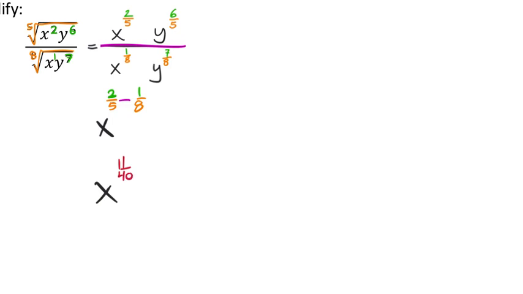We should get the same denominator with the y's. Let's find out, though. Now, the y's, we had exponents of 6/5 and 7/8. But again, since we're dividing the bases, we're going to subtract those exponents.